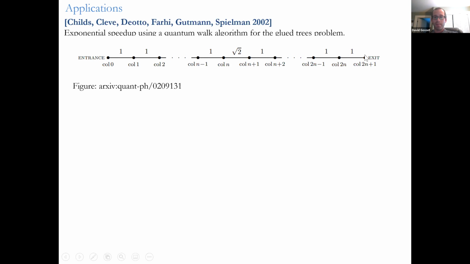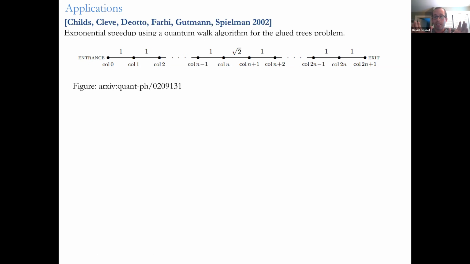So here is a path of length 2n plus 1, and all the weights on the edges are 1, which is normal for a quantum walk, except the one in the middle, which corresponds to where the cycle that Ashwin was talking about occurs. There's a weight of √2 there.